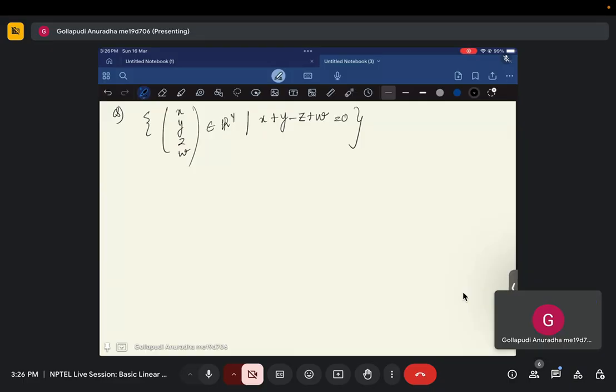Yes, it is a vector space. First of all, 0 is possible because this relation will be satisfied. 0 plus 0 minus 0 plus 0 will be equal to 0, so okay.